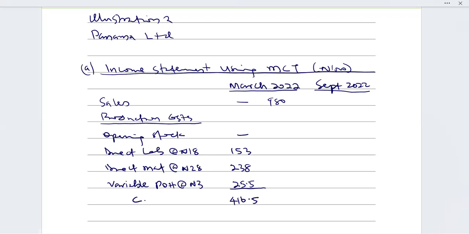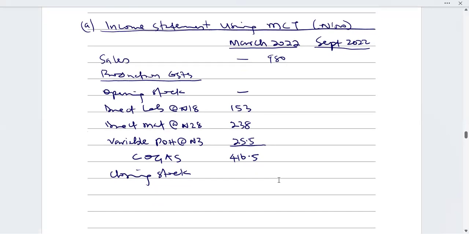This represents the cost of goods available for sale. So we less closing stock. The closing stock will be valued at total variable cost per unit. 18 naira plus 28 naira is 46. 46 plus 3 naira is 49 naira.